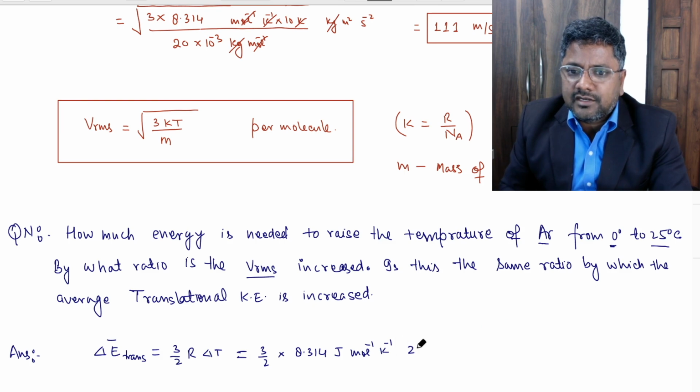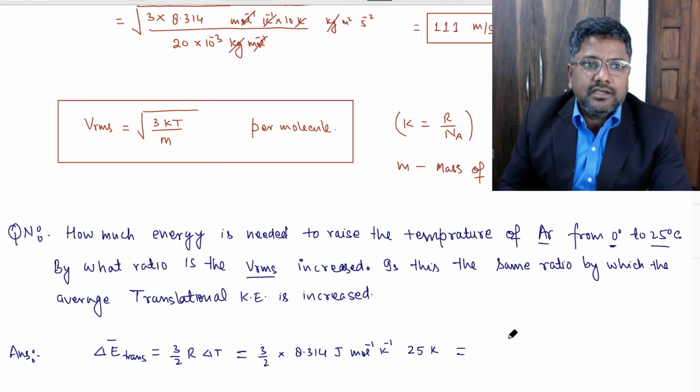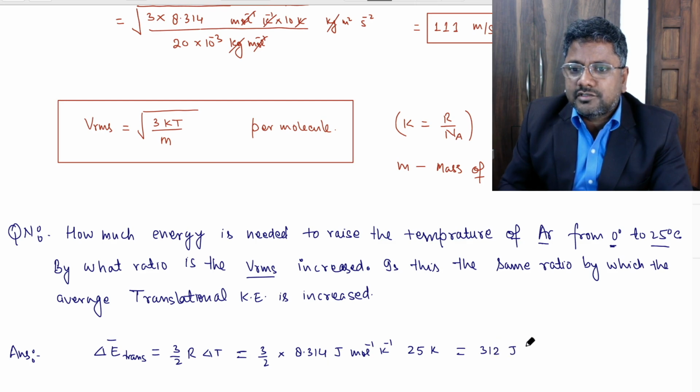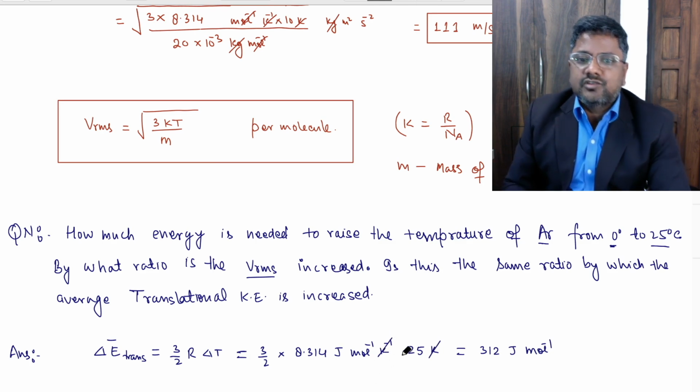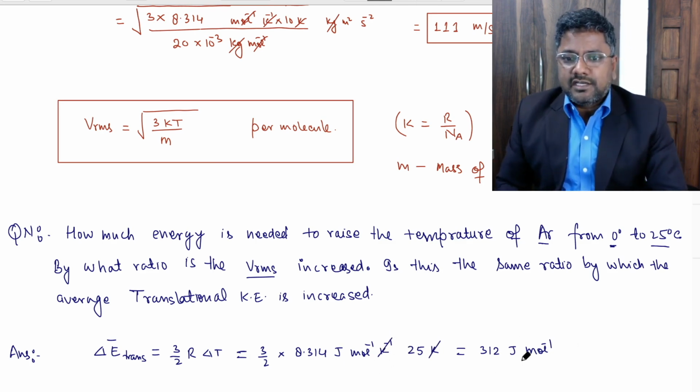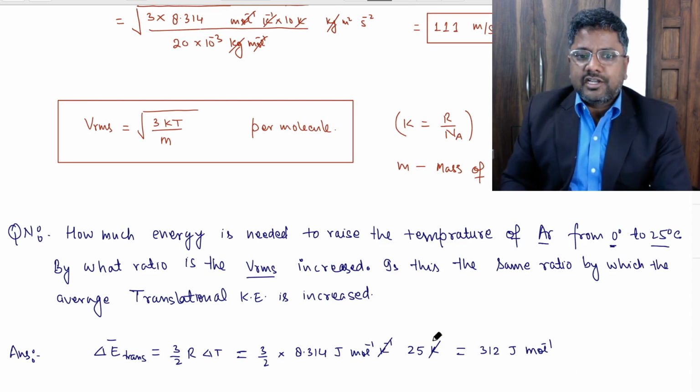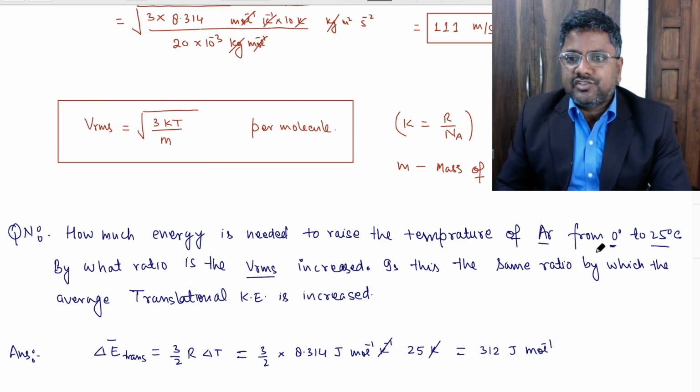So directly you can write 25 Kelvin. If you solve this, you will get 312 joules per mole. The Kelvin cancels, leaving joules per mole. So this is the energy required to raise the temperature from 0 degrees Celsius to 25 degrees Celsius for 1 mole.